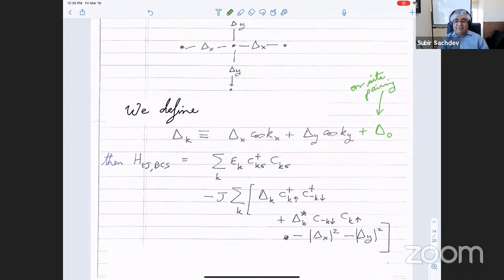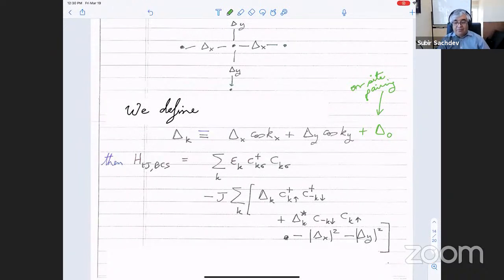So what we did when we did the BCS theory was something slightly different. We assumed that the pair wave function was really big. It's of order the Fermi velocity divided by the Debye energy. We assumed the pair wave function was very big, and so the k's there were very small, and we just replaced the cosine k by a constant. So we just ignored the k dependence of delta k, and that's equivalent to assuming that the Fermi wave functions are really big.